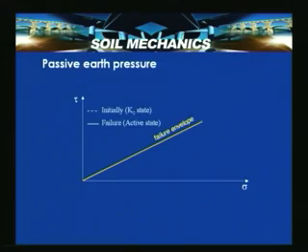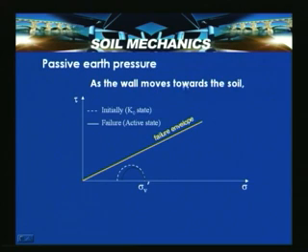Similarly, for the passive state, initially this is the K naught state, and this is the failure envelope. In this case the wall moves towards the soil.